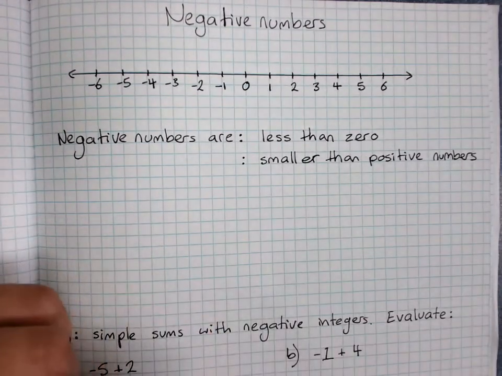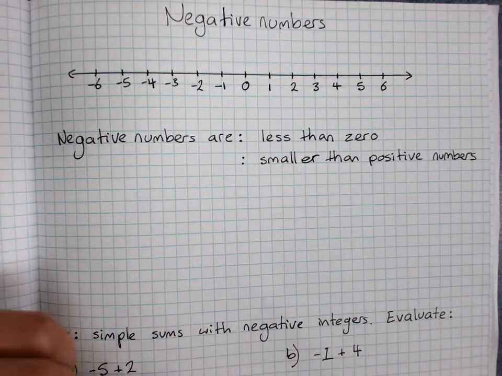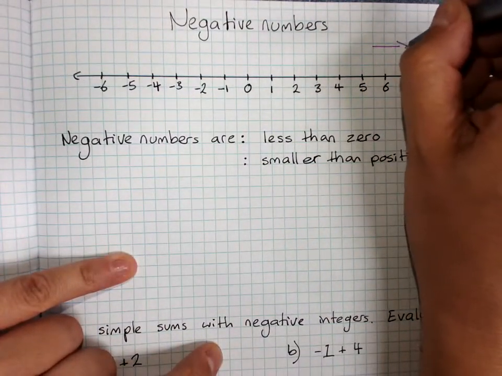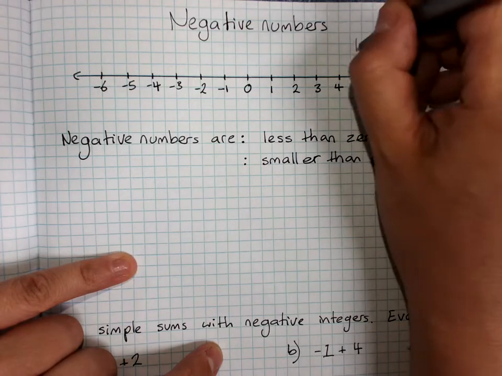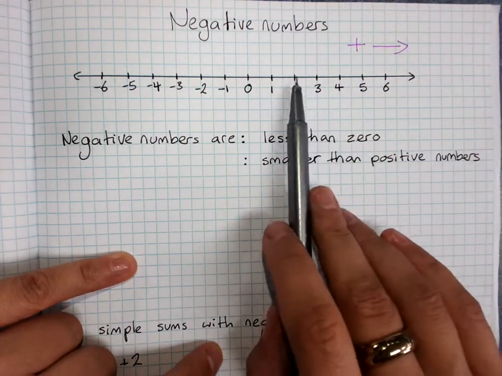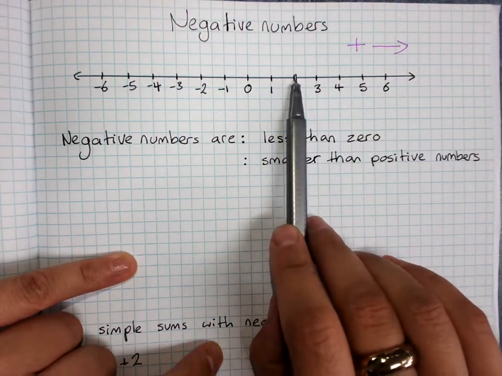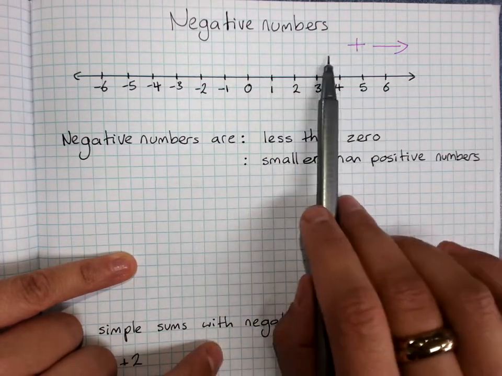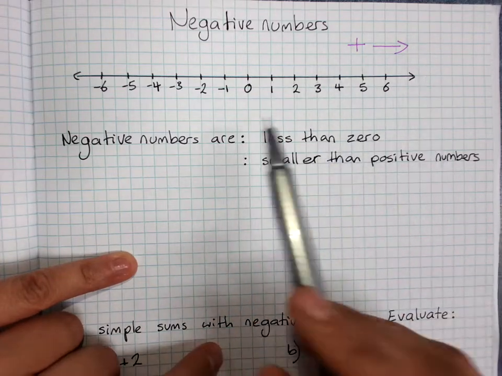The number line is a pretty useful way of looking at negative numbers. We go this way when we add. So if I had 2 plus 1, I'd go this way. When it's a positive increase, we're going this way.